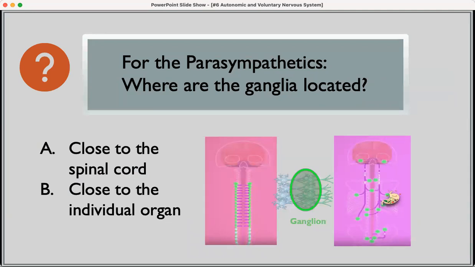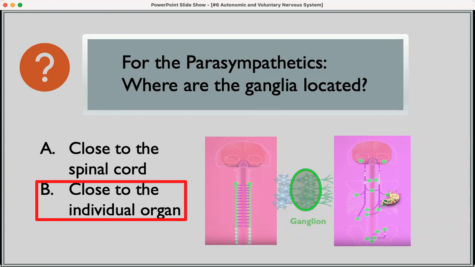So for the parasympathetics, where are the ganglia located? Are they close to the spinal cord or close to the individual organ? All right. So the great thing about being close to an individual organ means that if you eat something, you're not bothering all the rest of your body system.